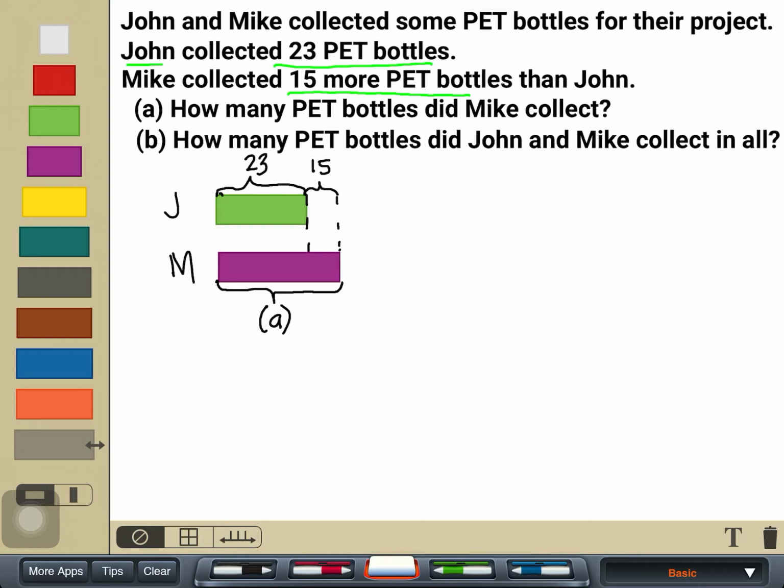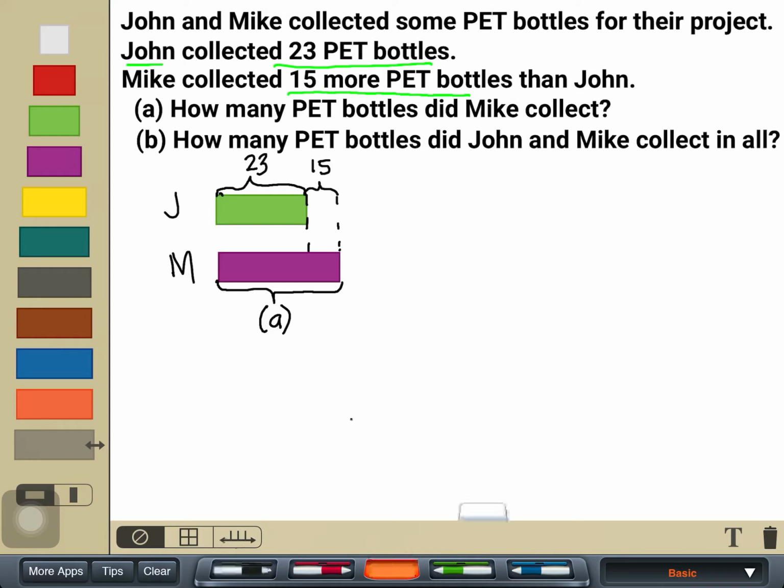Well, we know that John has 23 and Mike has 15 more. Therefore, what operation should we use to find Mike's PET bottles? It's putting together, so that would be addition.